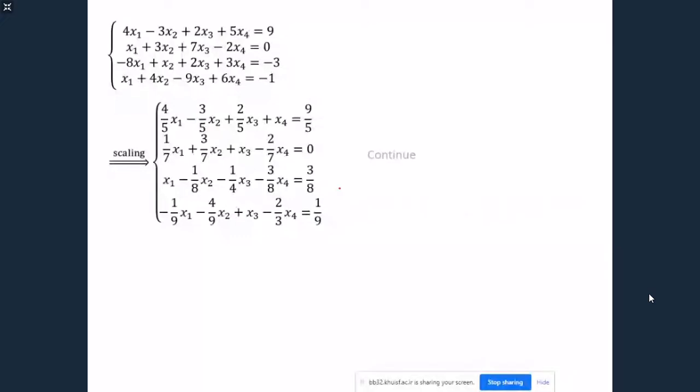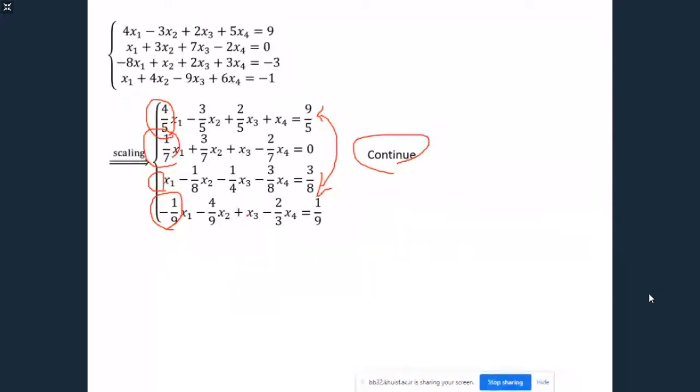So for partial pivoting, you have to calculate the maximum between 4 divided by 5, 1 divided by 7, 1 and minus 1 divided by 9. In absolute value, it will be 1. So we change the first row and the third row.